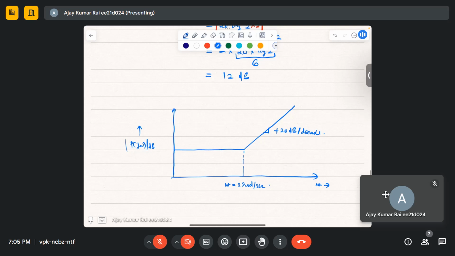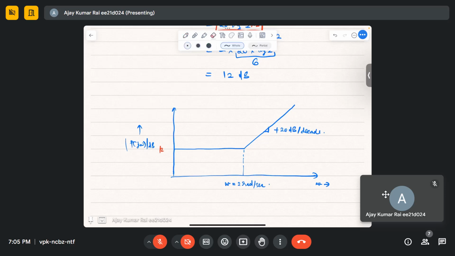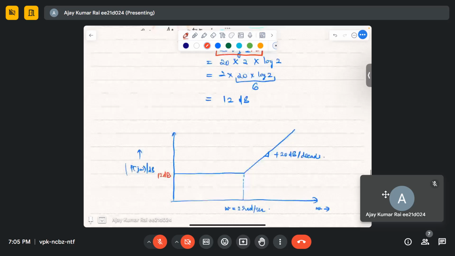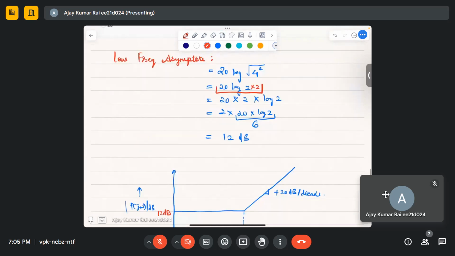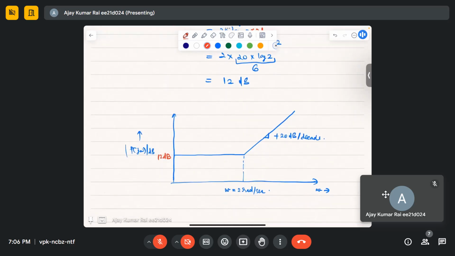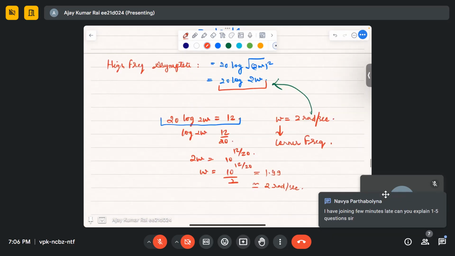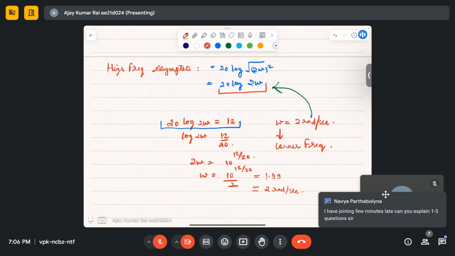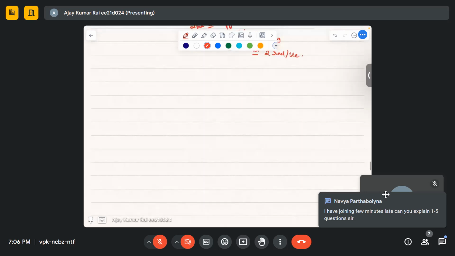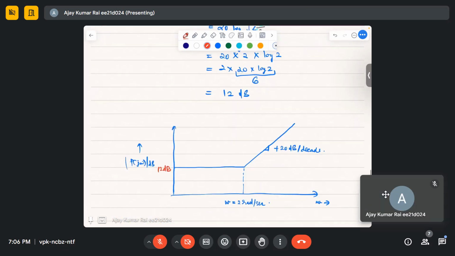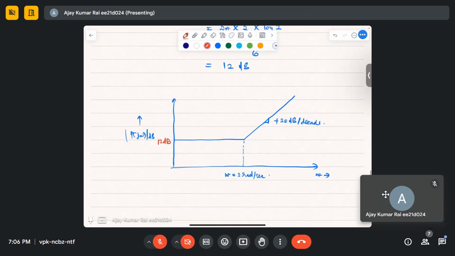And this is 12 dB. It is constant up to the corner frequency, and then what is the value of magnitude? Then it will be plus 20 log 2 omega. Okay, this one. And how is it plus 20?